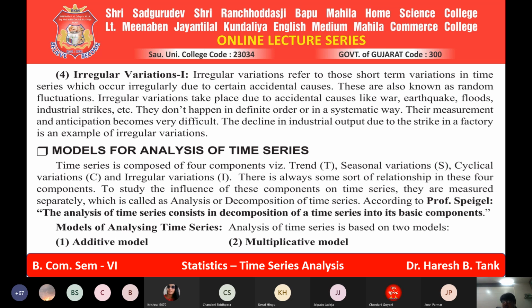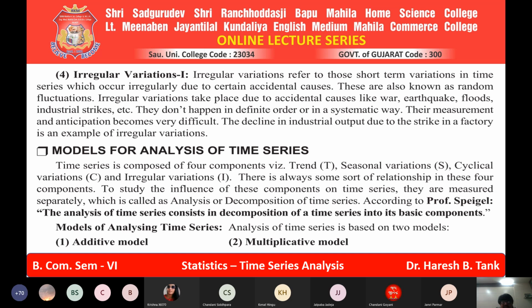When I say it is a component, naturally the combined impact of all these four components becomes the final trend. So here two different models are used. As far as examinations are concerned, you should not get much worried about this model.